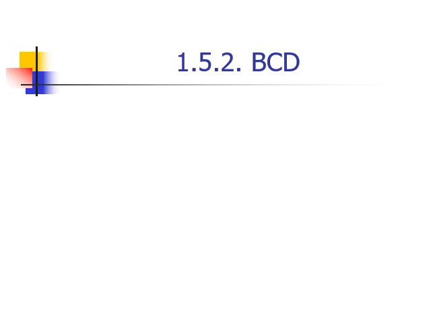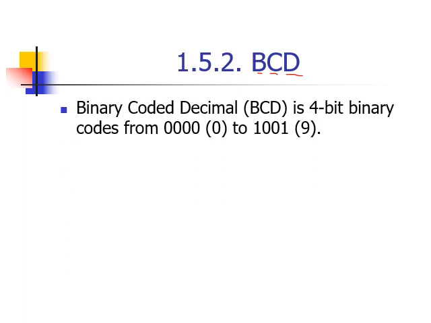Okay, the second type of format is the binary coded decimal. So you code the decimal digits into binary, and you need 4 bits to do this. To code the decimal digits from 0 to 9, you need 4 bits, starting from 4 zeros and ending with 1001.